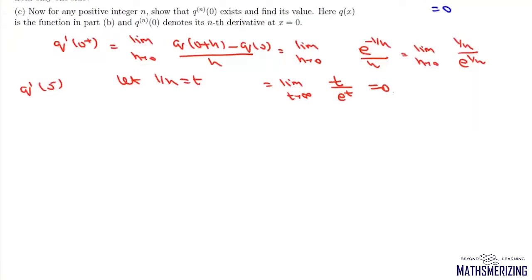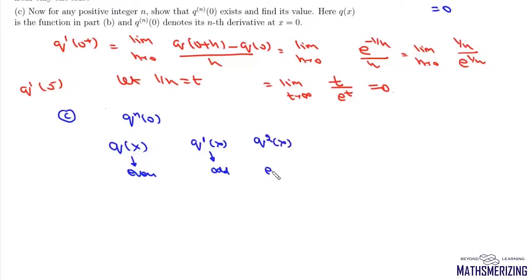Now part C is, for any positive integer n, show that q^(n)(0) exists and find its value. Here q(x) is the function in part B and q^(n)(0) denotes the nth derivative at x equals 0. Now what we'll do is, for this part C, we have to find nth derivative of this function at 0. Now we know that q(x) is an even function. Now if q(x) is even, q1(x) is odd, q2(x) is even, and it continues.